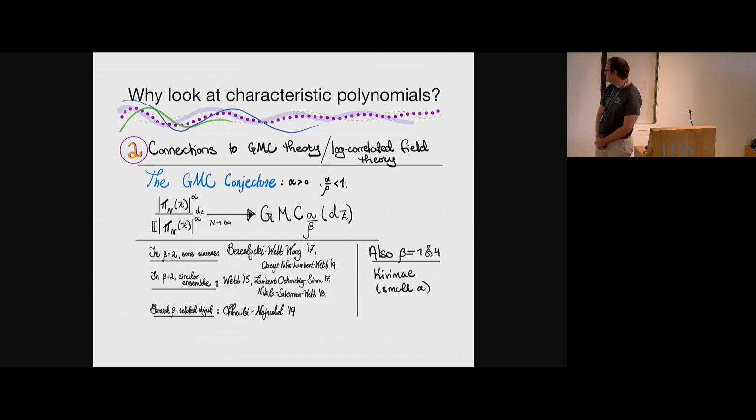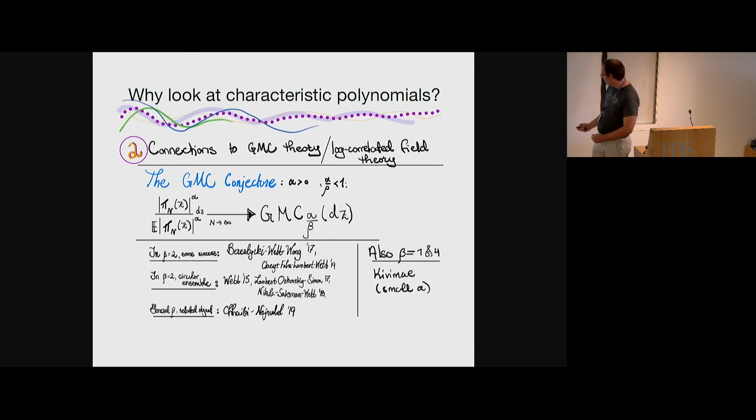I think in beta equal to 2, it's completely closed by this work of, get my scholarship right, I think Claeys, Fahs, Lambert, Webb do it, and maybe Nikula, Saksman, Webb did. Oh, this was the circular case, sorry, they did that first, and then on the line, this was Claeys, Fahs, Lambert, Webb.